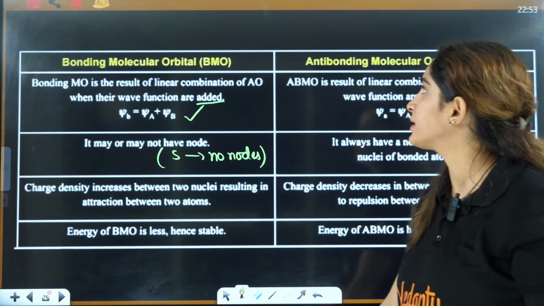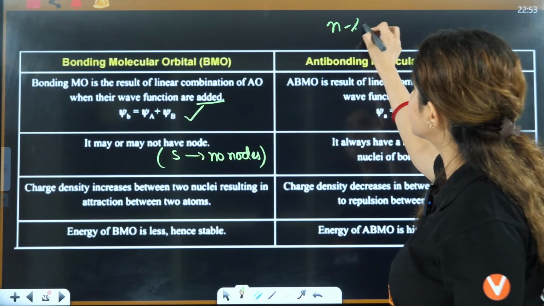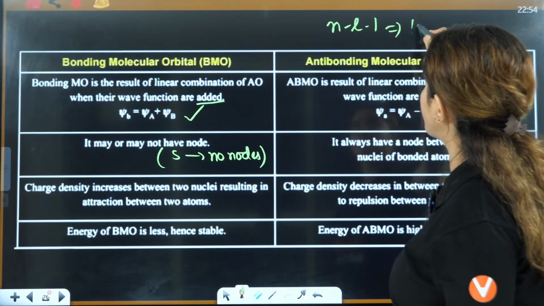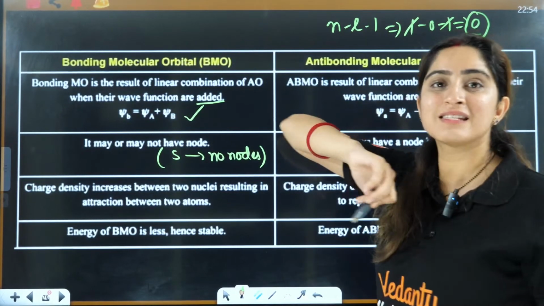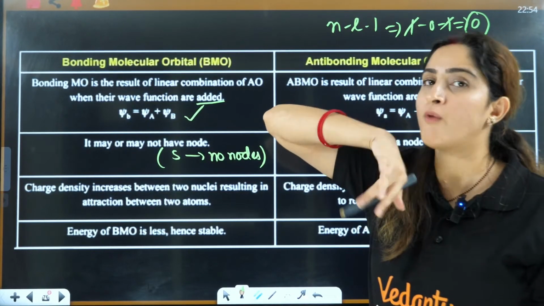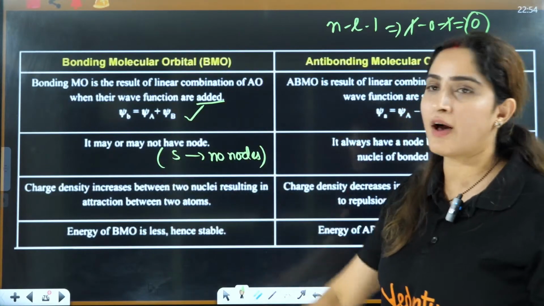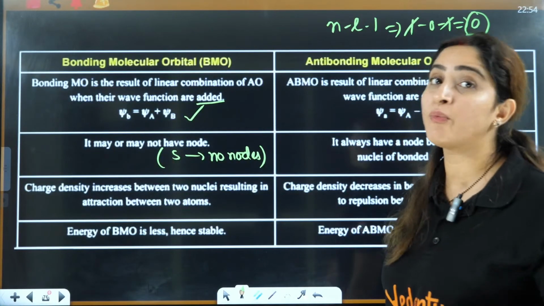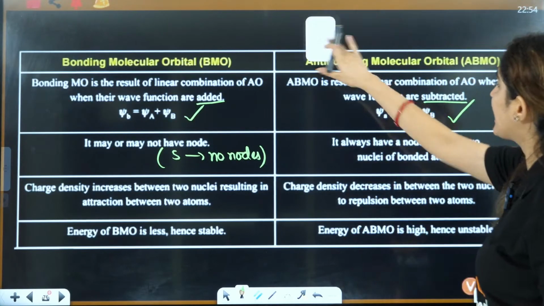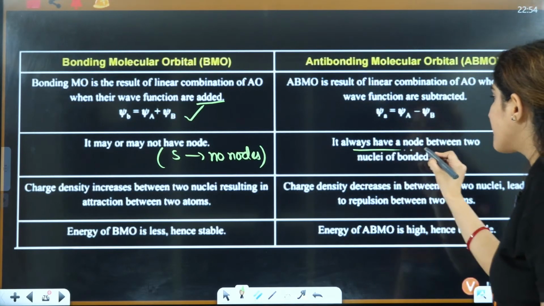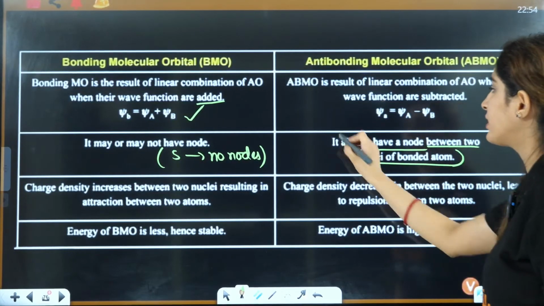If you talk about nodes, it is n minus l minus 1. In 1s, it is 1 minus 0 minus 1, that is 0. So nodes were 0 in case of 1s. But in anti-bonding, in case of 1s also you have nodes, right? So that's why it always has a node between the two nuclei of the bonded atoms.